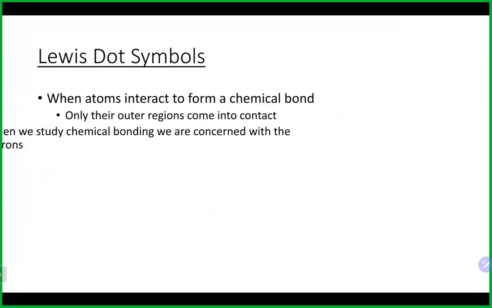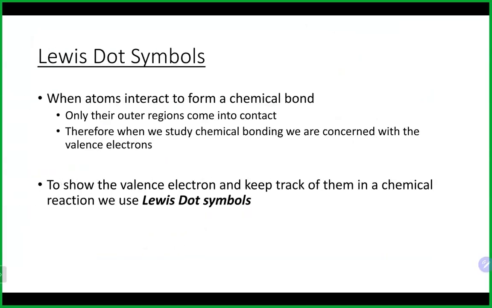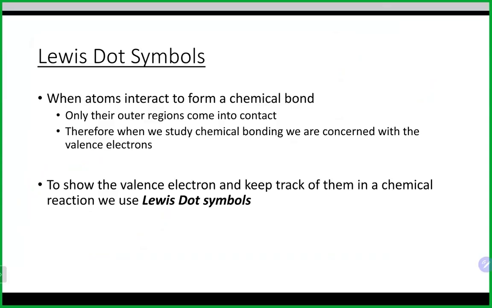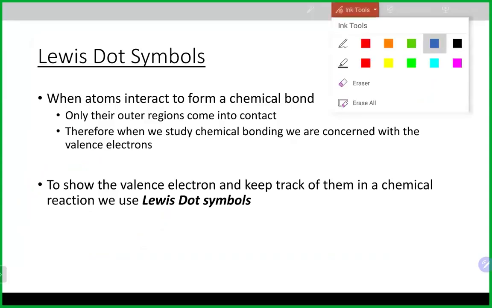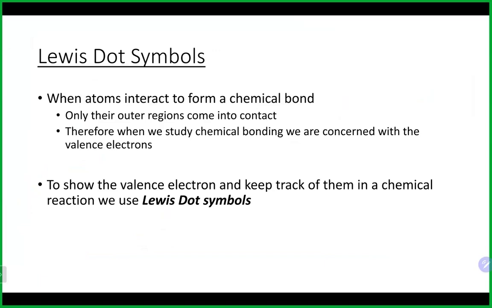Now, speaking of bonding, one of the ways that we do represent bonding is with Lewis dot symbols. They are sometimes referred to generically as electron dot symbols. They were called Lewis dot symbols and Lewis structures because a guy named Lewis did a lot of things with bonding. What are Lewis dot symbols?